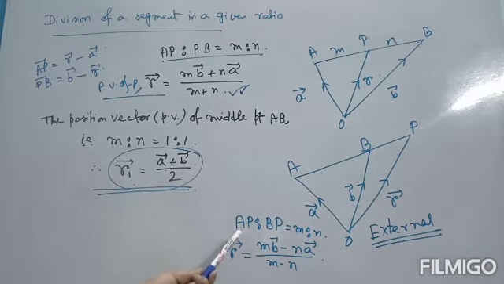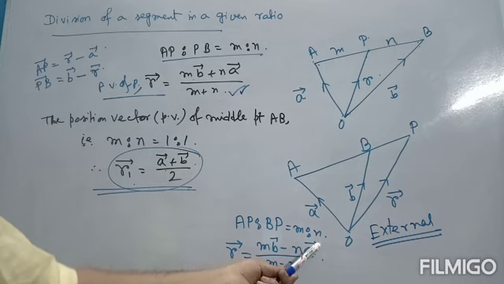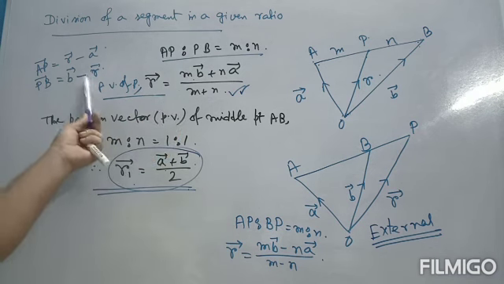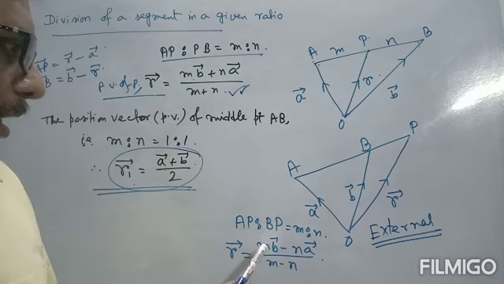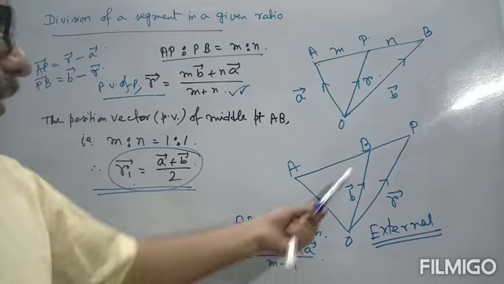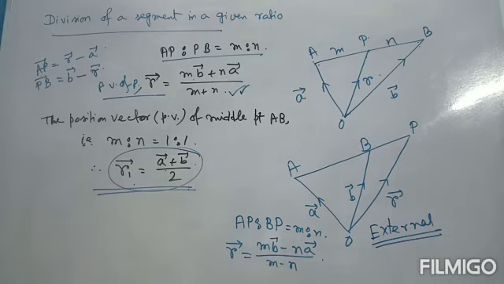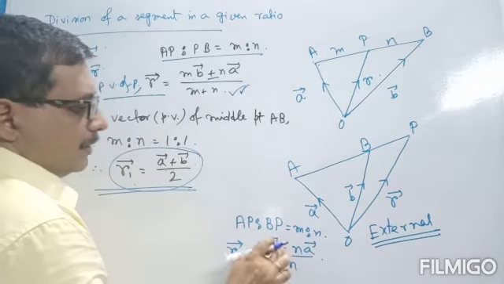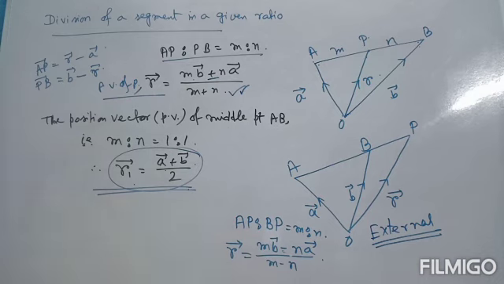In this case also AP is to PB is m is to n, the same thing. Then exactly as before, we get r equal to (mb plus na) by (m minus n). Instead of plus, the formula will be minus.